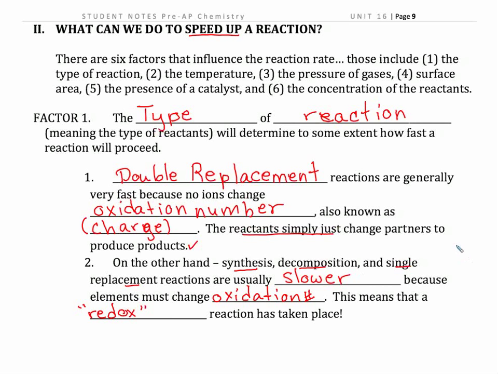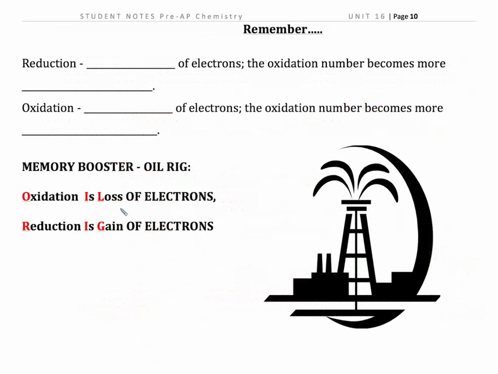In the lab, we've done that before. I don't know if you remember, but we put some zinc into some copper solution, and it took quite a while before you saw solid copper plating out on the surface of the zinc. That's because they tend to be a little slower.